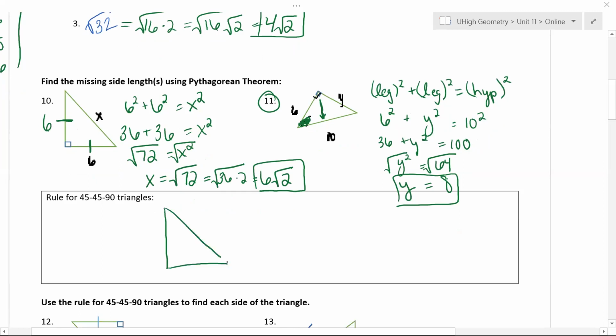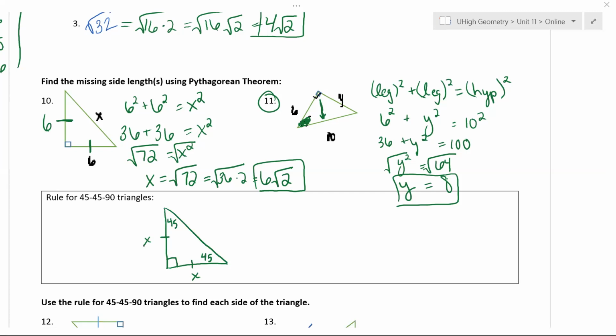So I could draw a right triangle, and if my other two angles are 45 degrees, I know that my legs are going to be congruent. So if I label my two legs x, think about for a second, what did we say that our hypotenuse would be? My leg was x, what would my hypotenuse be?